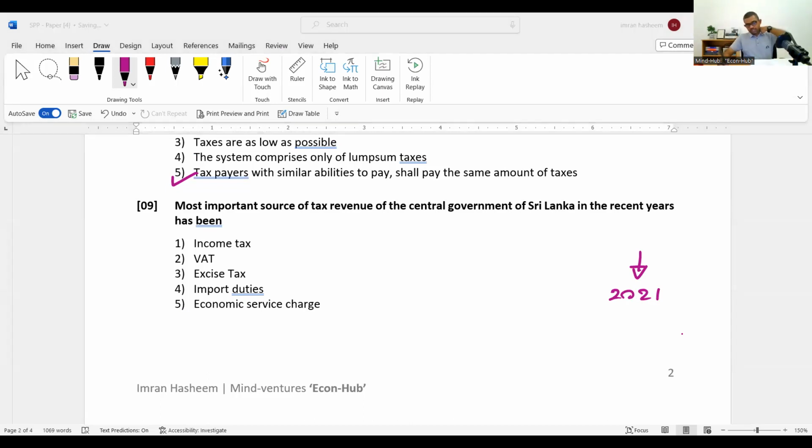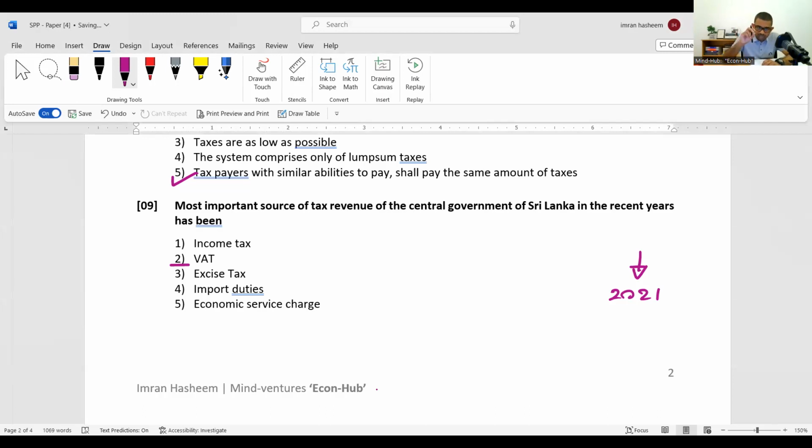One of your classmates is saying income tax in 2021, VAT I assume. Yeah, okay. VAT, as far as I remember. If you guys want to, we can go to the website, go to the annual report and check, but I am going to take your word on this. I'm going to trust you guys. So we are going to go with value-added tax.